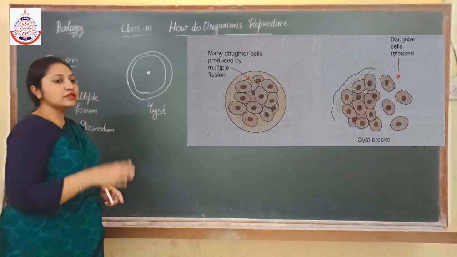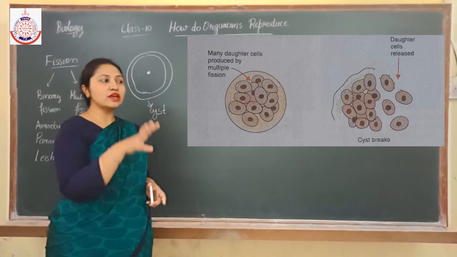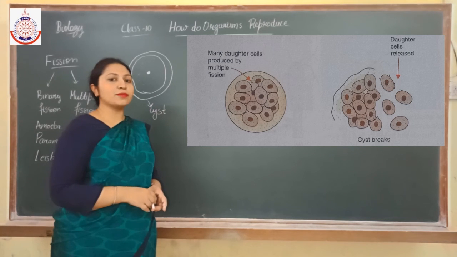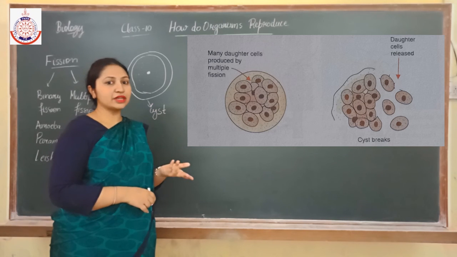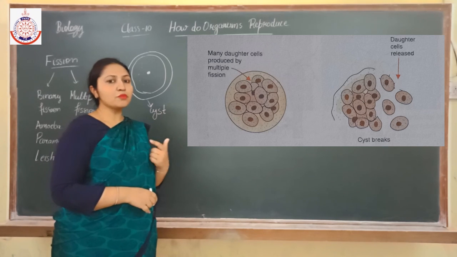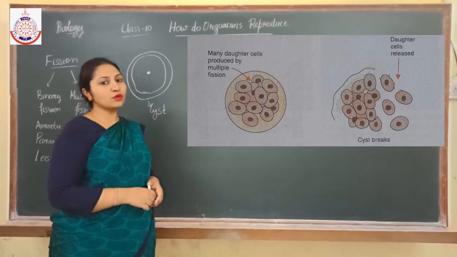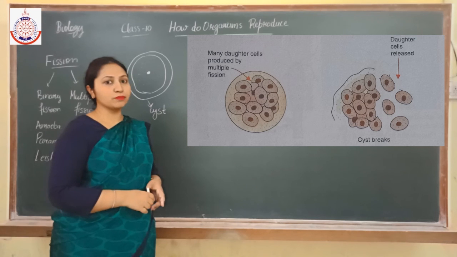So under favorable conditions, now what is the difference between favorable and unfavorable? Favorable means getting the right light, temperature and moisture. Unfavorable means conditions that are unfavorable for growth.